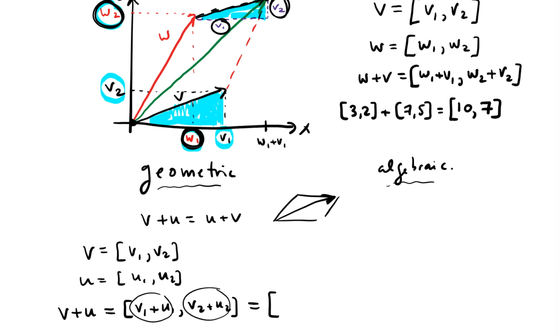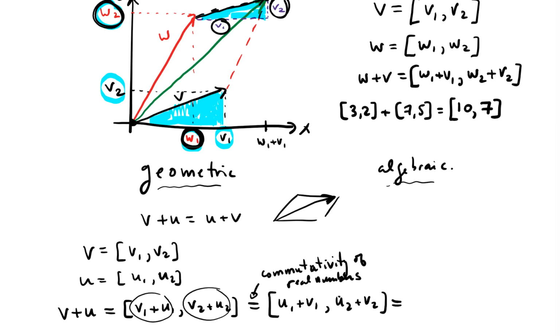So I can interchange the addition. So I can write u1 plus v1, and that's still the same thing as v1 plus u1, because I'm dealing with real numbers here. And this is u2 plus v2. So what I'm using here is commutativity of real numbers. This is what's happening between these two expressions.